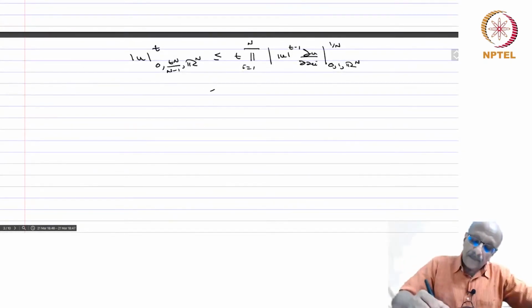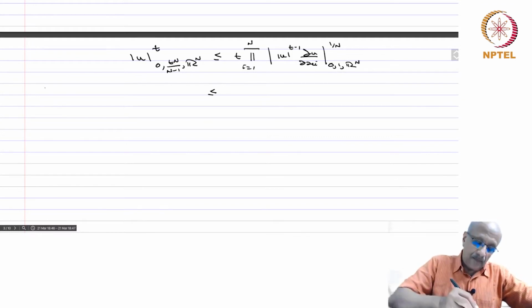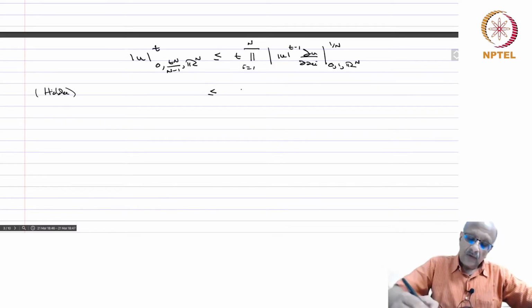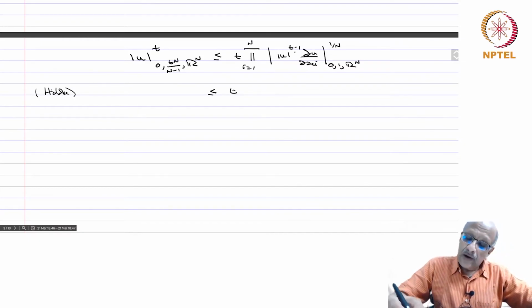Now you apply Hölder's inequality here. So this is less than or equal to t times, for |u|^(t-1) I am going to apply p prime, and for du/dxi I am going to take the Lp norm.